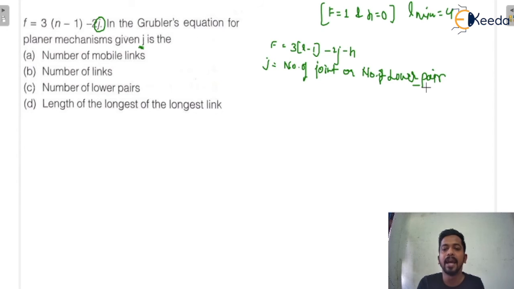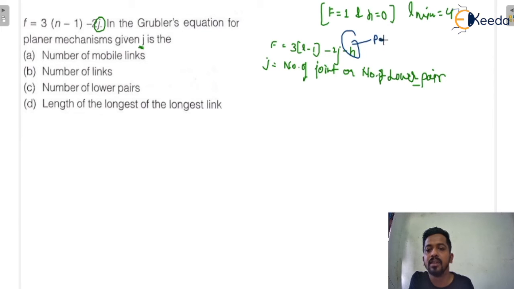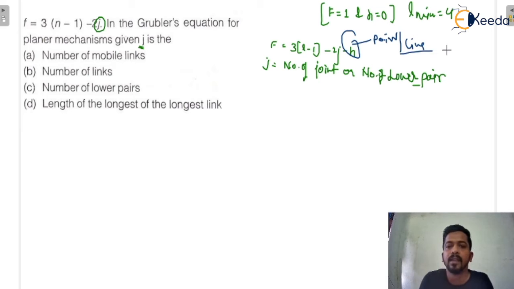And what is the higher pair? Here H represents the number of higher pairs. Higher pair means if there is a point contact or line contact, it is considered a higher pair. But if there is a surface or area contact, it is considered a lower pair, and J represents the number of joints, or you can say the number of lower pairs.